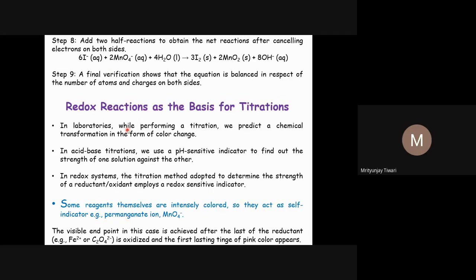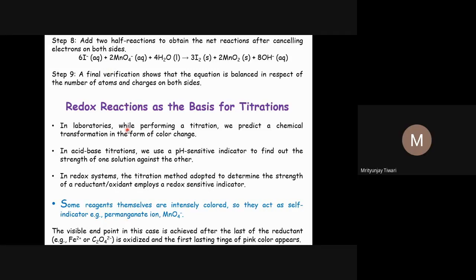Whether a certain redox change has happened or not, we understand in schools and laboratories in many forms, usually as a color change. Some of the reagents are themselves colored, so if they get converted into another form, an intense color change happens with a very minor change in their concentration at the endpoint. That is what we use.